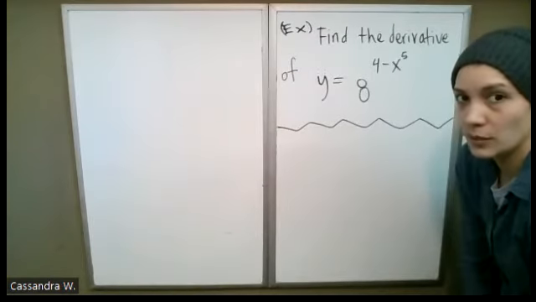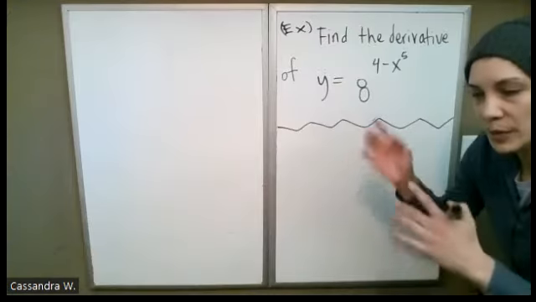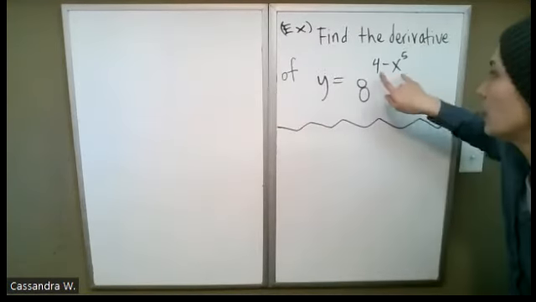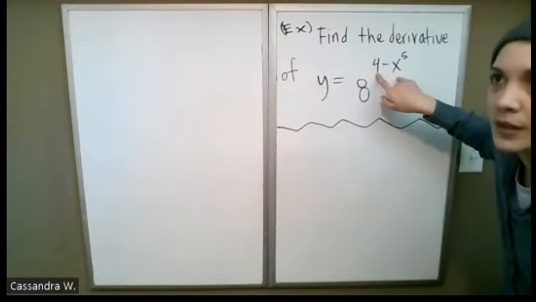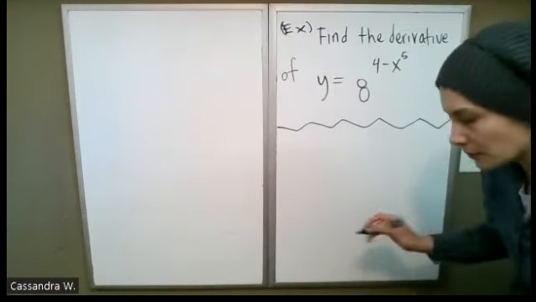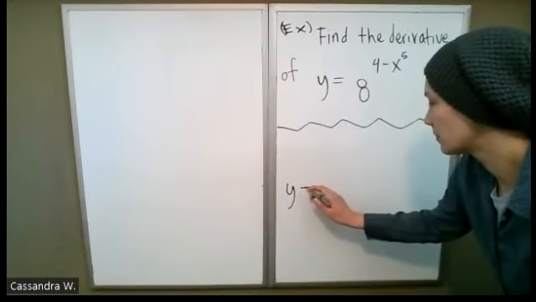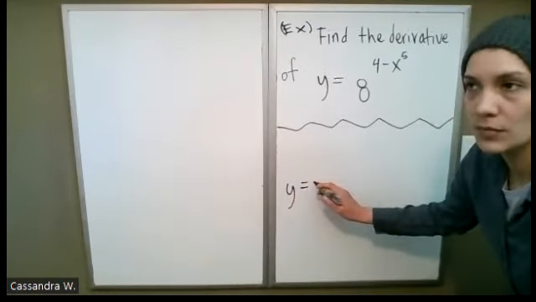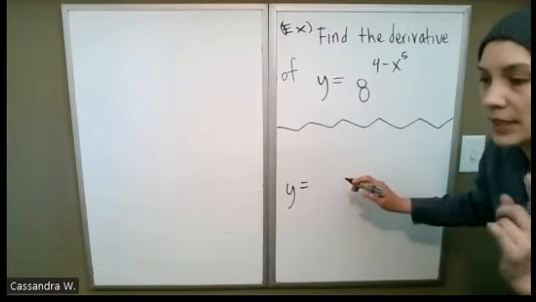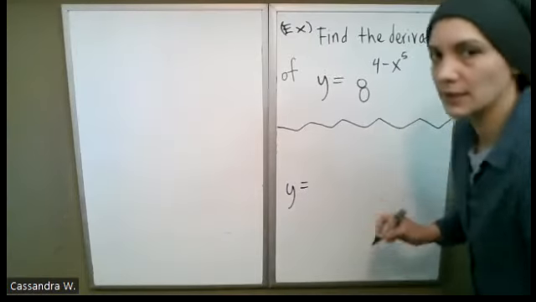So you do have a chain rule. Your outer function is 8 to some power, but in that power, you have a function, 4 minus x to the fifth. So we'll start with the derivative of the outer function, 8 to a power. You just copy this down, 8 to the power of 4 minus x to the fifth, but then multiply by ln of that number base, 8.